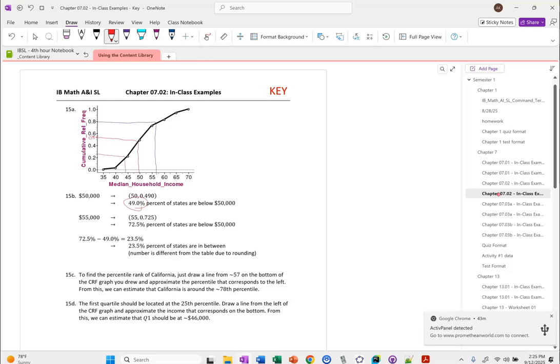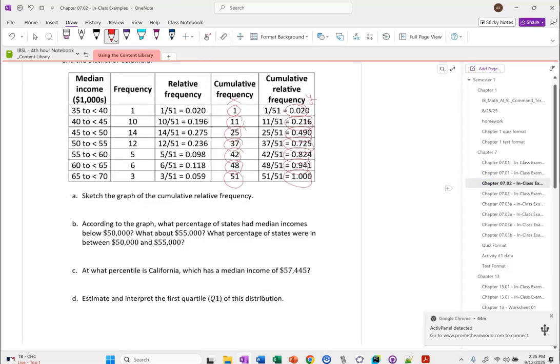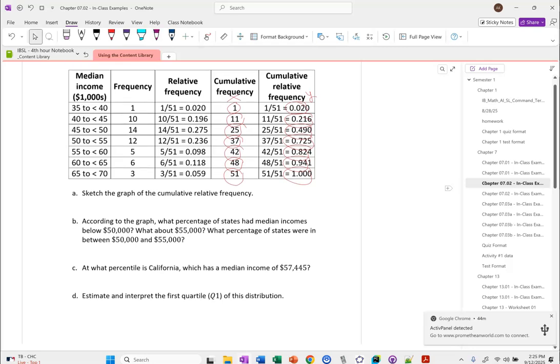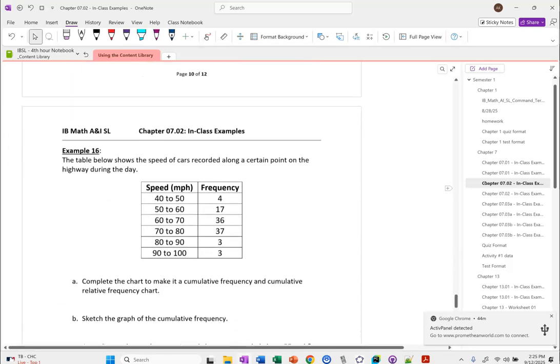I trace over and down, and it looks like it's 44,000 or something. Again, it's going to be an estimate because you're reading it from a graph. If this had grid lines on it, we could do better, but with no grid lines, there's only so much you can do. Ideally, a ruler would be nice, but whatever.